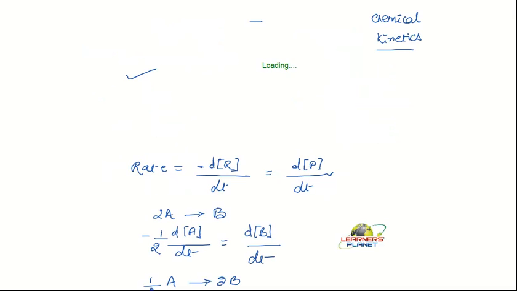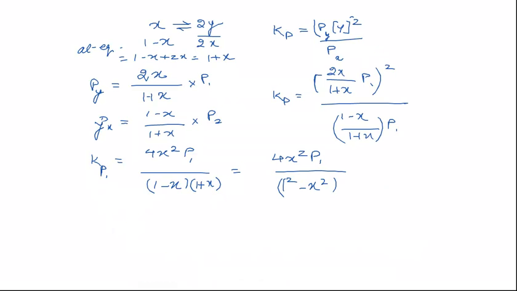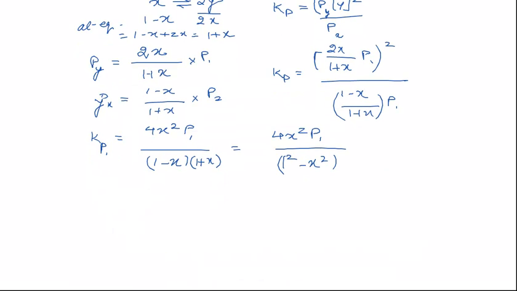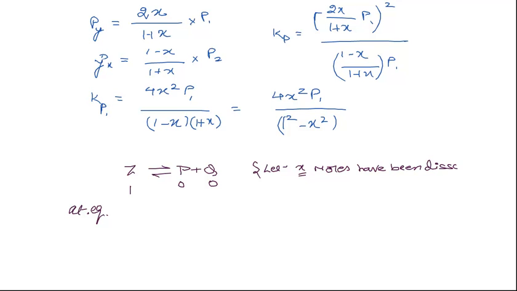Now let's similarly find out Kp2. What was the equation over here, students? It is Z in equilibrium with P plus Q. Let the initial number of moles of Z be 1 and this is 0 and 0. Now at equilibrium, let x moles have been dissociated.